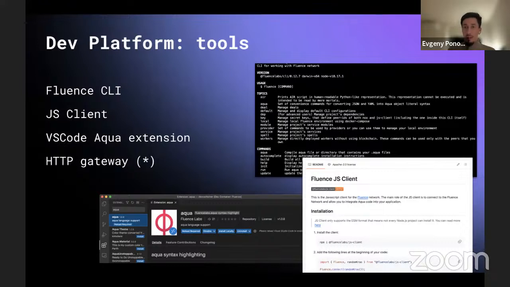There is a JavaScript client that has been improved during the year. There is a VS Code extension for writing code in Aqua. There is an HTTP gateway that is partially done and exists as a part of one of our showcases called Decentralized RPC. But we will think about how to put it out as a separate project, so everyone could use HTTP endpoints to call Aqua functions.